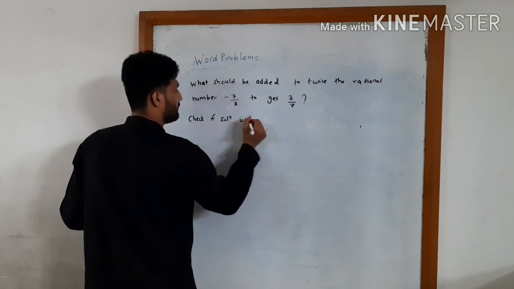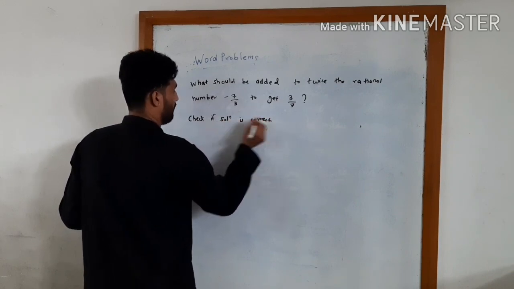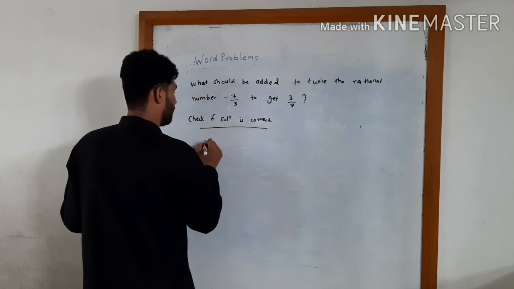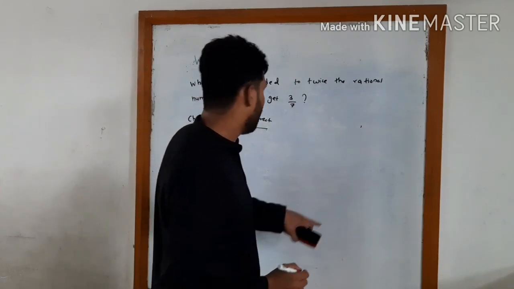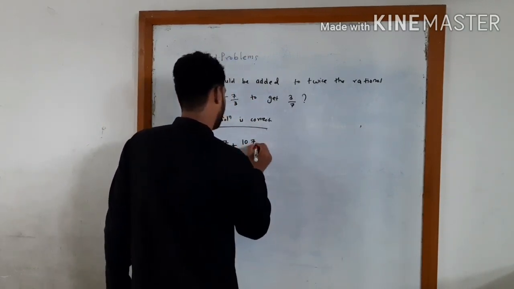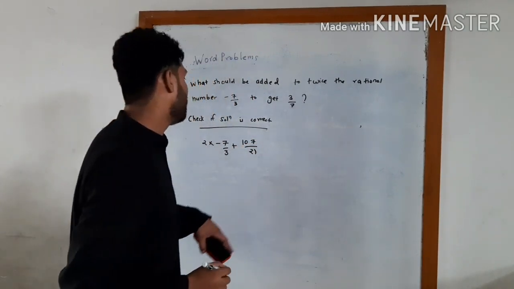Check if solution is correct. So we have 2 into minus 7 by 3 plus, what had we got? 107 upon 21. Let us add these two now.